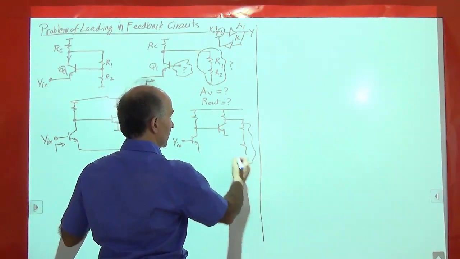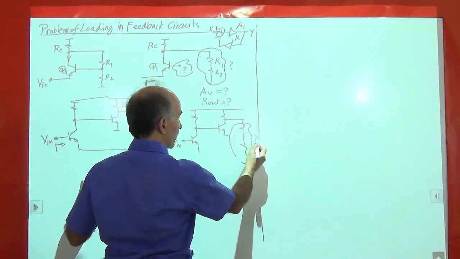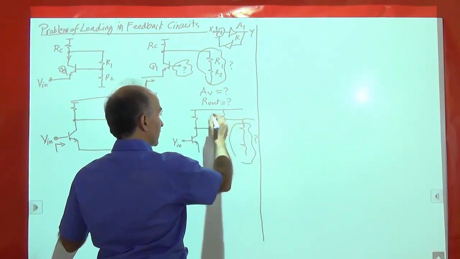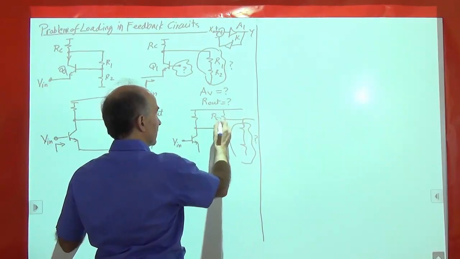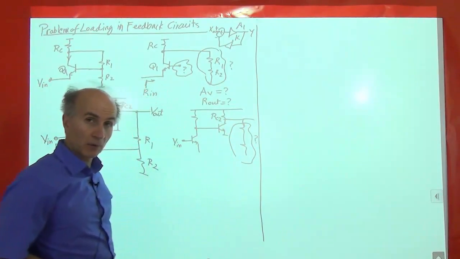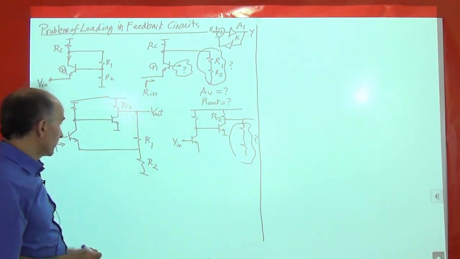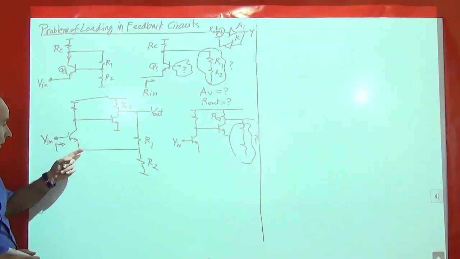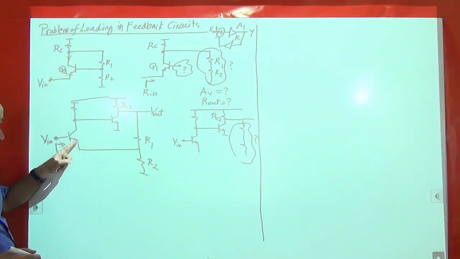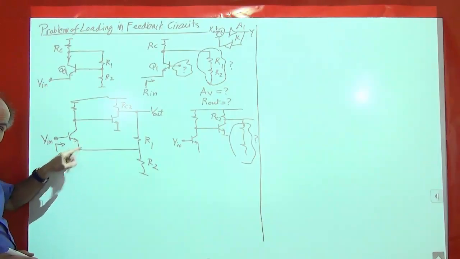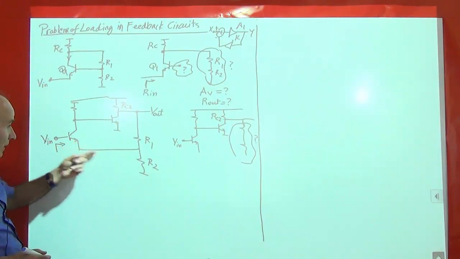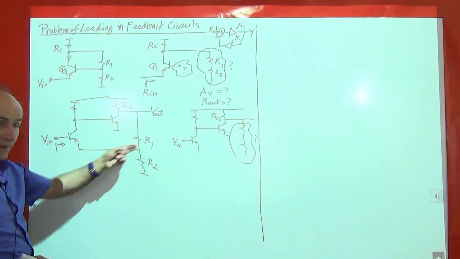So we have something here. Again, we don't know exactly what. That should be connected to the output node to represent the loading of the feedback network. And then it seems that now this emitter is not at AC ground, right? This emitter is degenerated by the resistance that we have here.